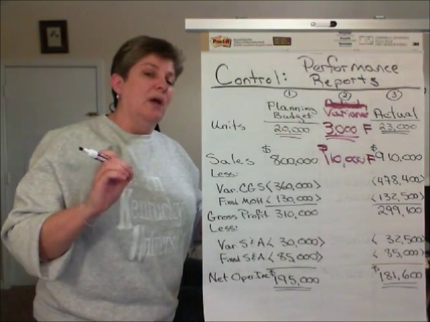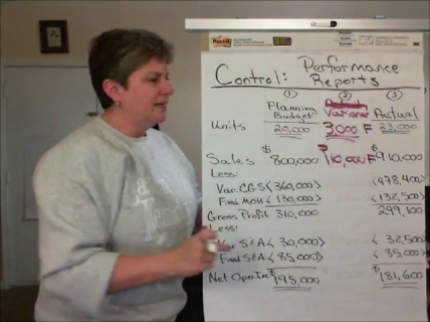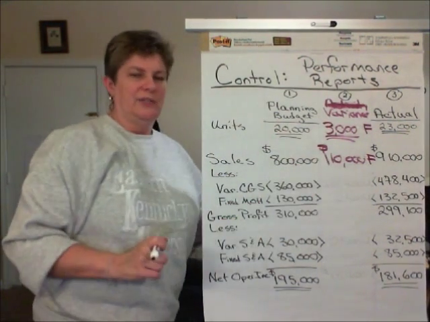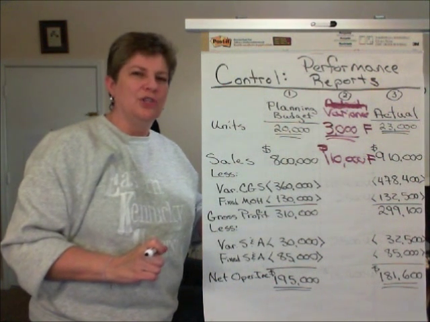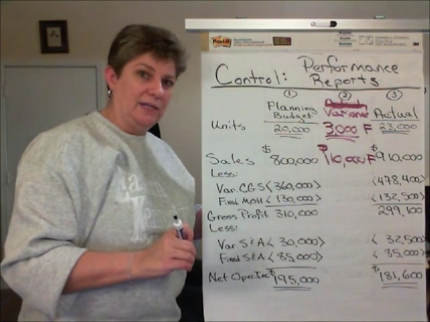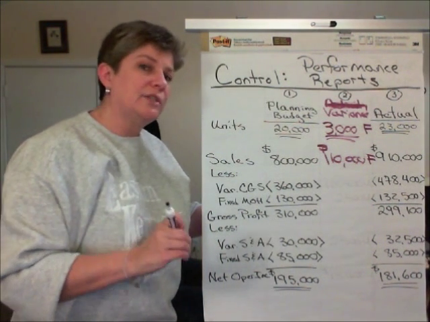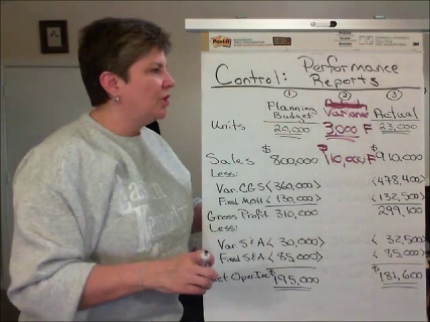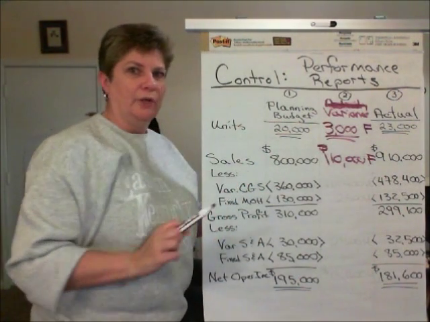Now, what we do not know, though, is how much of this is due to charging a different amount than we had planned for the product, a different price for the product, and how much of it is due to volume.